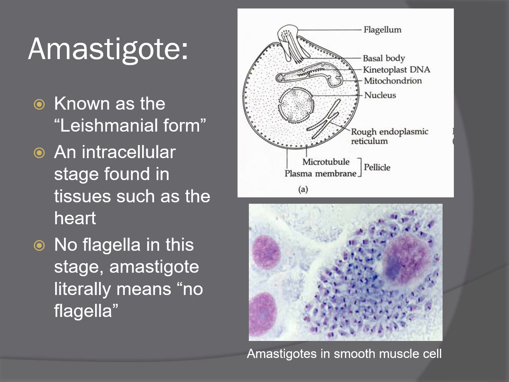No flagella are seen at this stage. Amastigote literally means no flagella. Okay? So you can see an image there on the right of an amastigote in smooth muscle tissue, and then above that would be a drawing of the amastigote. And again, this is the first of 4 developmental stages in trypanosoma and leishmania.